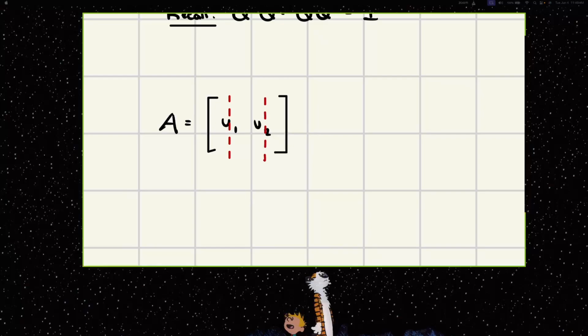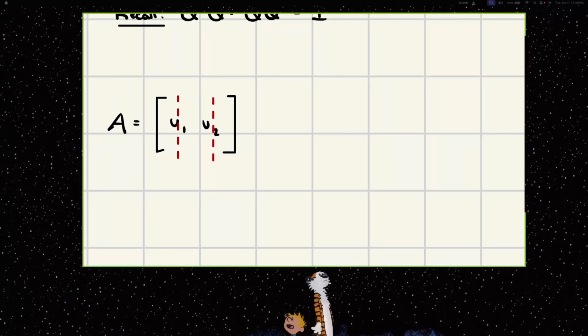These make up the columns of U. And then we have sigma, which is a diagonal matrix.